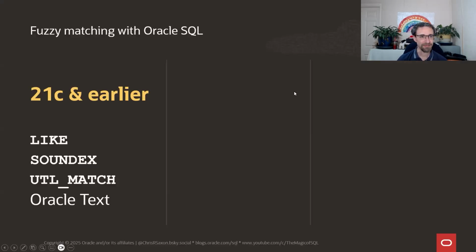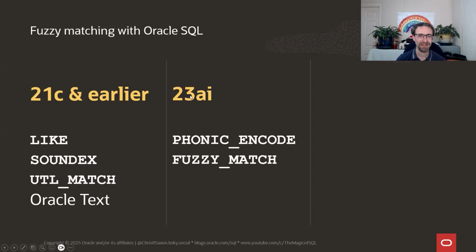Just a final recap on this: if you want to do fuzzy matching in 21c and earlier, you've got to be pretty sure what you're searching for and know what the wildcards are. SOUNDEX, okay, you kind of squeak by, but it is quite limited. And UTL_MATCH for those things. And Oracle Text, which has been around since 8-something, a long time.